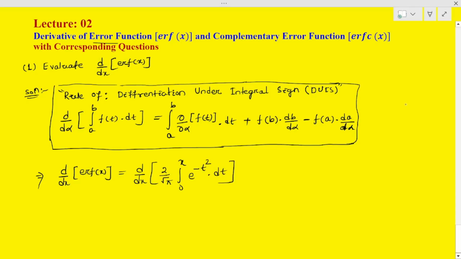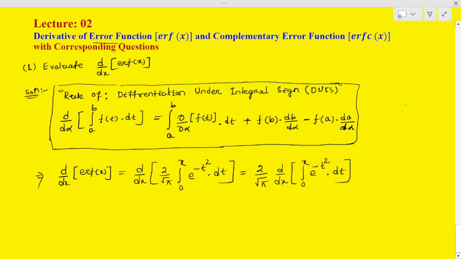Or we can write 2 by root pi, the constant, taken outside, d by dx of the integral from 0 to x of e to the power minus t square dt.